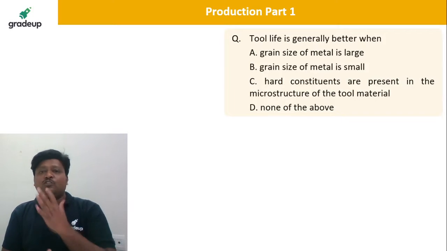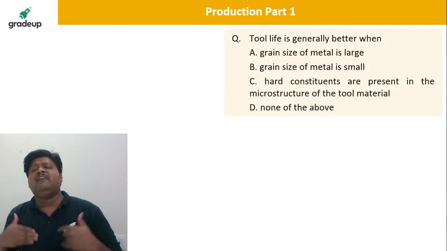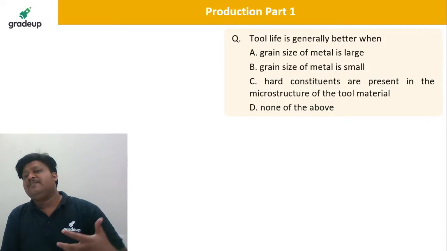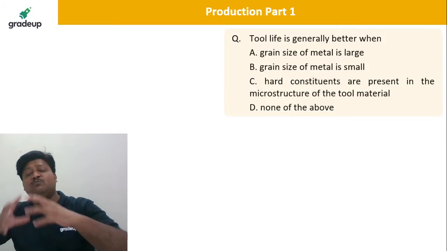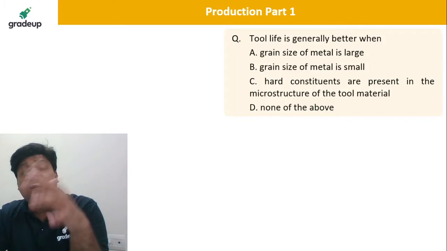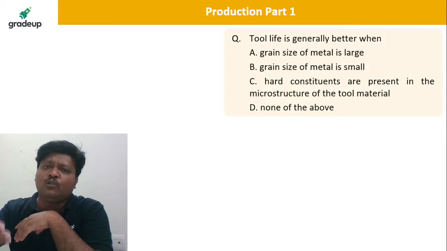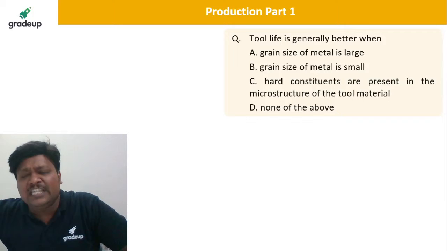Whenever the grain size is large, the material has good ductility and good formability, so it gives quite good cutting. We will get good machinability, and the tool life is of course very nice. When the grain size of the metal is small, the strength and hardness of the material are high, so the tool experiences a lot of cutting forces, and against that it has lesser tool life.